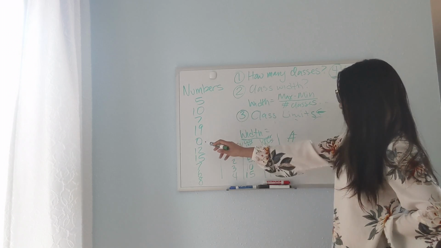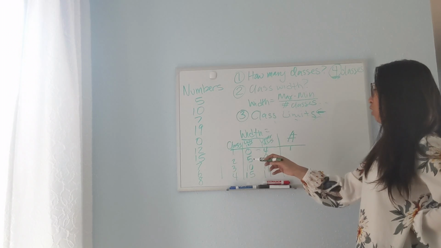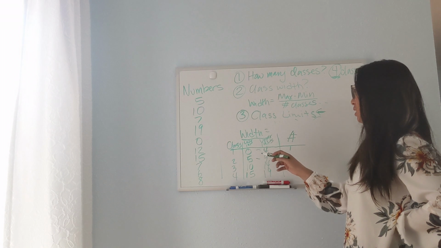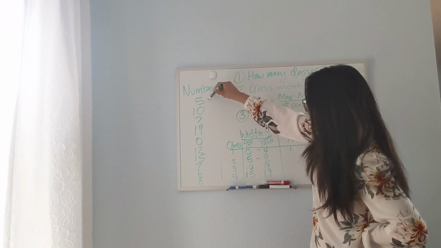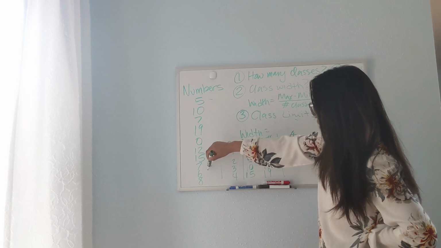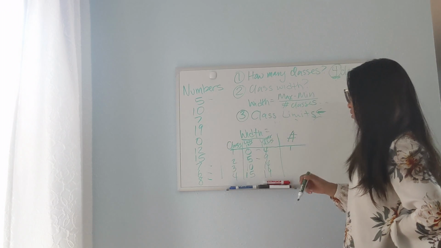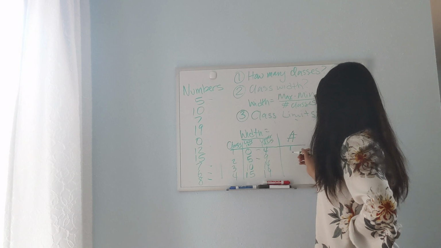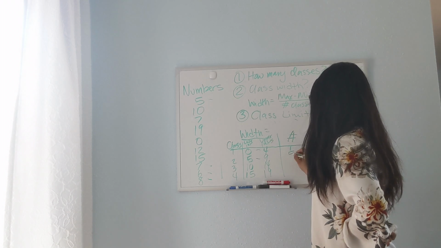Then I look at my table to figure out how many numbers fall in the range of 5 to 9. 1, 2, 3, 4, 5. So 5.